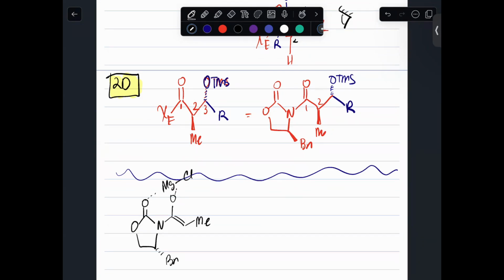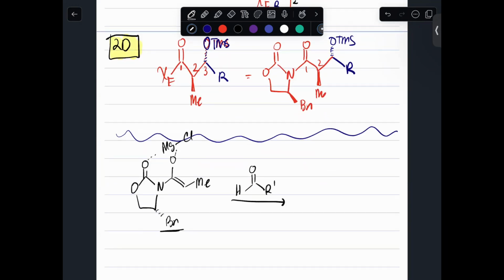The only difference is that your new carbonyl compound is coming from the front as opposed to from the back, right? Because the benzyl group is blocking the backside. So now your boat conformation is formed from the front of the aldehyde coming to the enolate, okay? I'll have you guys do that yourselves.